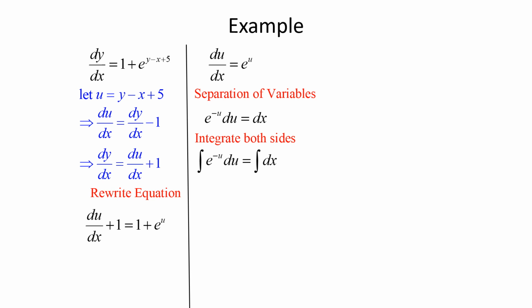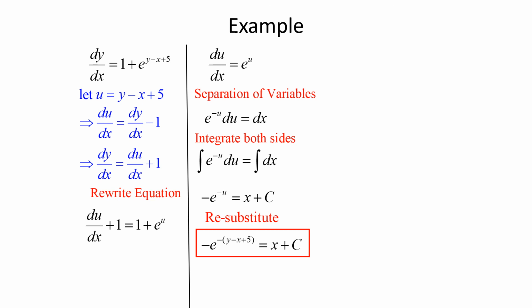So the integral of e to the negative u du equals the integral of dx. So negative e to the negative u equals x plus c. And again, we resubstitute. So negative e to the negative (y minus x plus 5) equals x plus c. And that'll be an implicit solution to our differential equation.